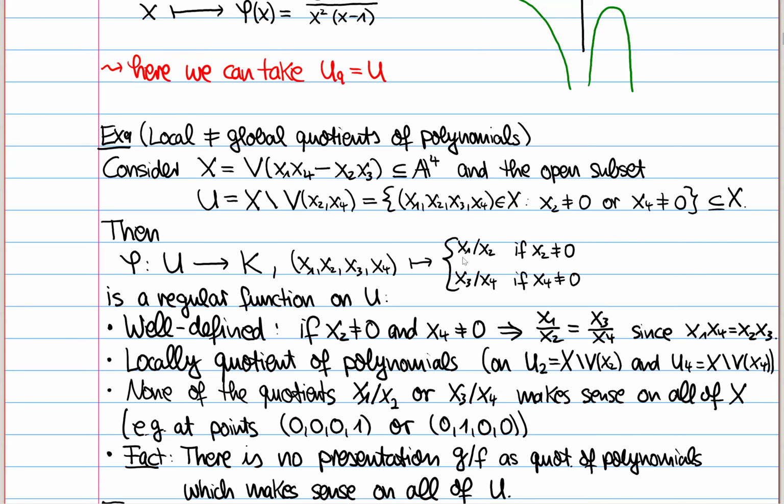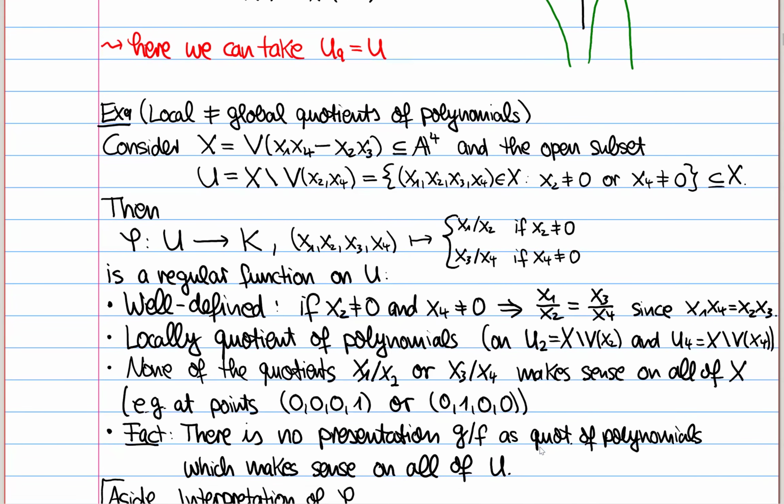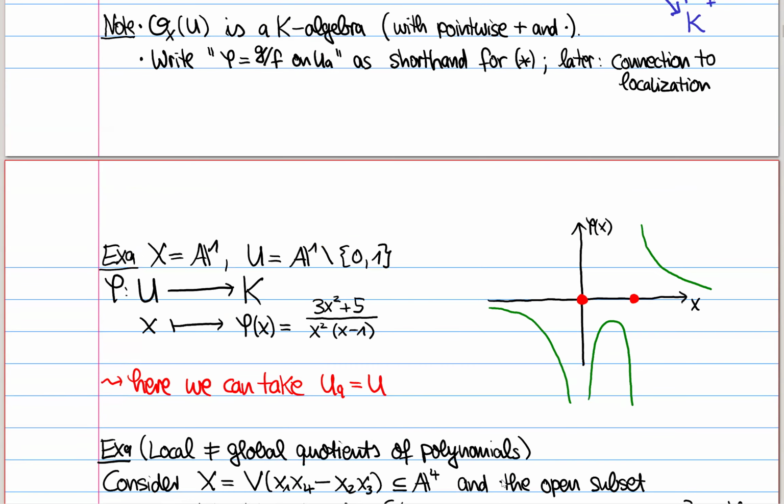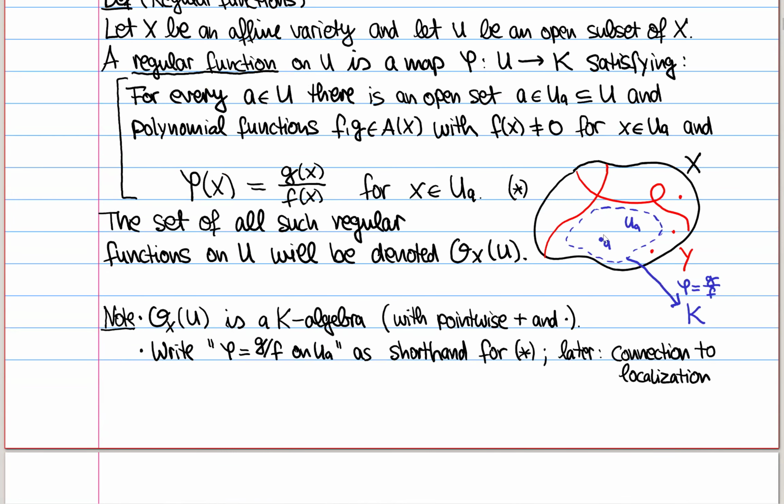So at least this shows that we can't use either this representation or this representation on all of U. And then a fact, which we won't prove, but which is true, is that this is not just because we're unlucky with how exactly we chose the polynomials, but in fact, there's no presentation g divided by f as a quotient of polynomials which makes sense on all of U. So this is the reason why in the definition of regular functions we had to say that just locally around each point, in some neighborhood, we must be given by such a quotient.